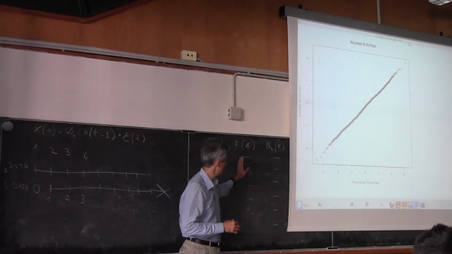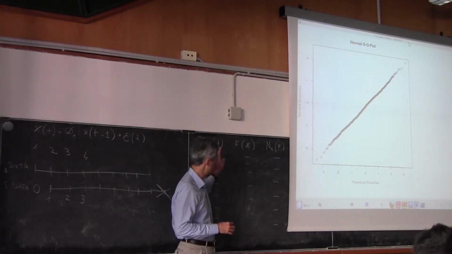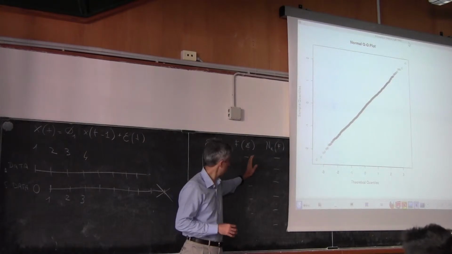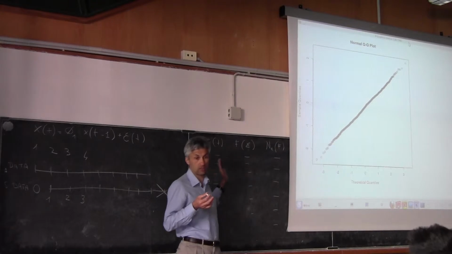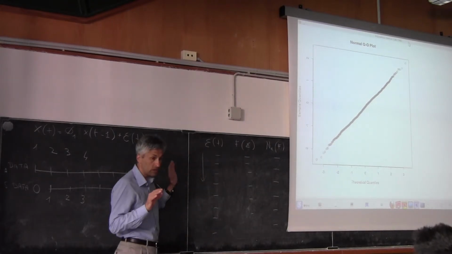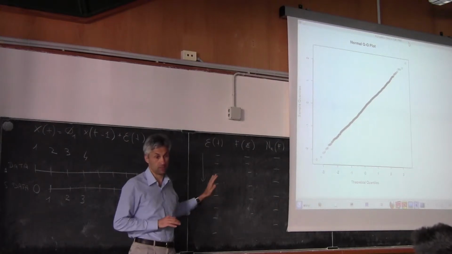This is transformation and anti-transformation. From a number which is Gaussian, I take the probability and then the inverse of the probability, which is the quantile. So I should get the same number, but only if epsilon is normal, otherwise I get a different number.